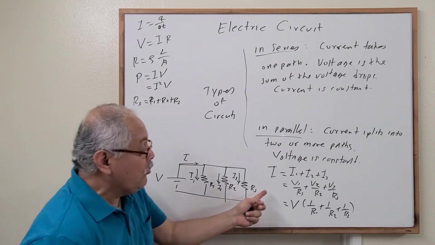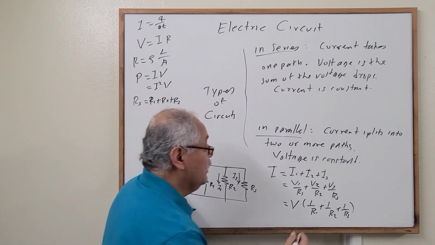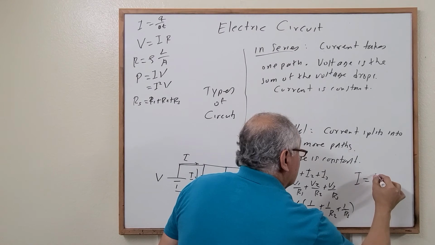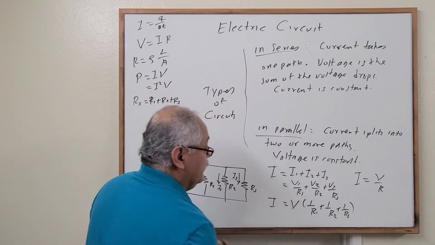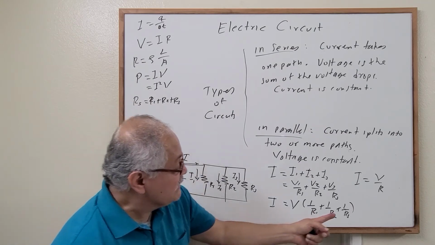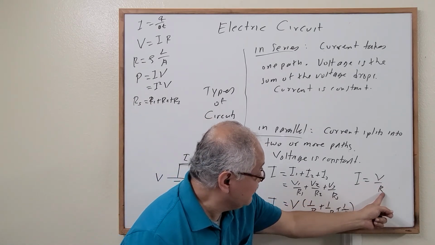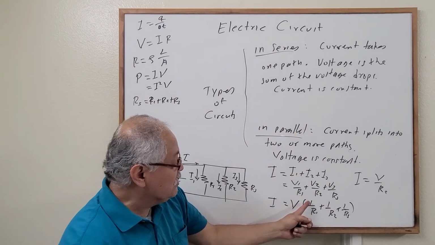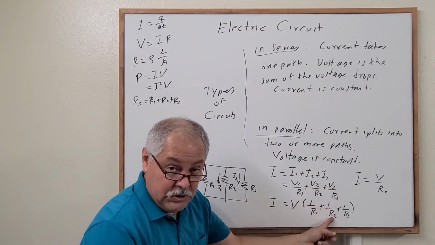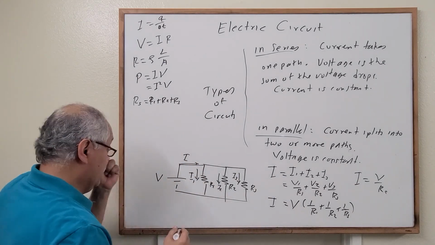One more time, when we compare this to Ohm's law, current equals voltage over resistance, we can see that 1 over the resistance, which again we can call the equivalent resistance, equals 1 over R1 plus 1 over R2 plus 1 over R3. Correct?